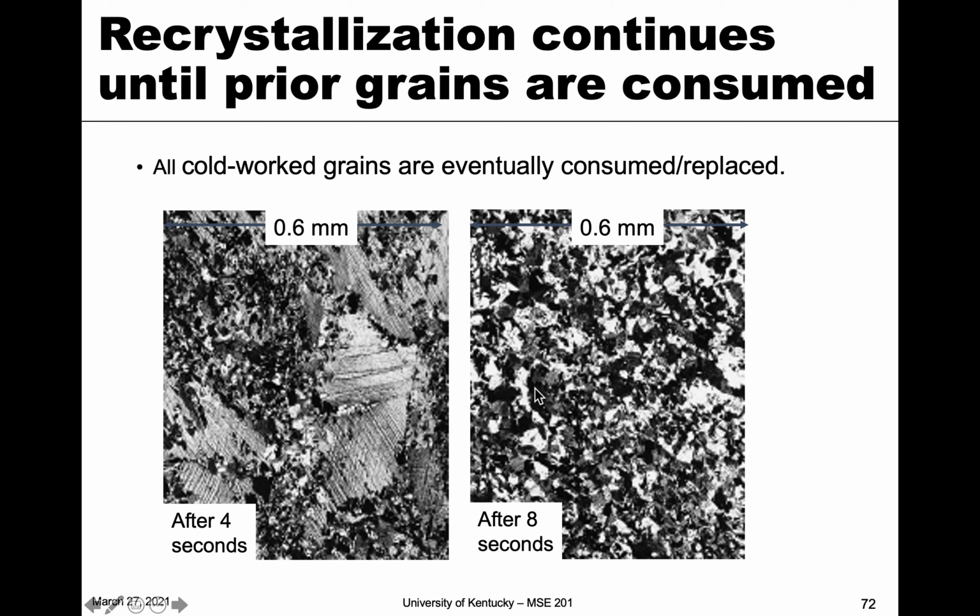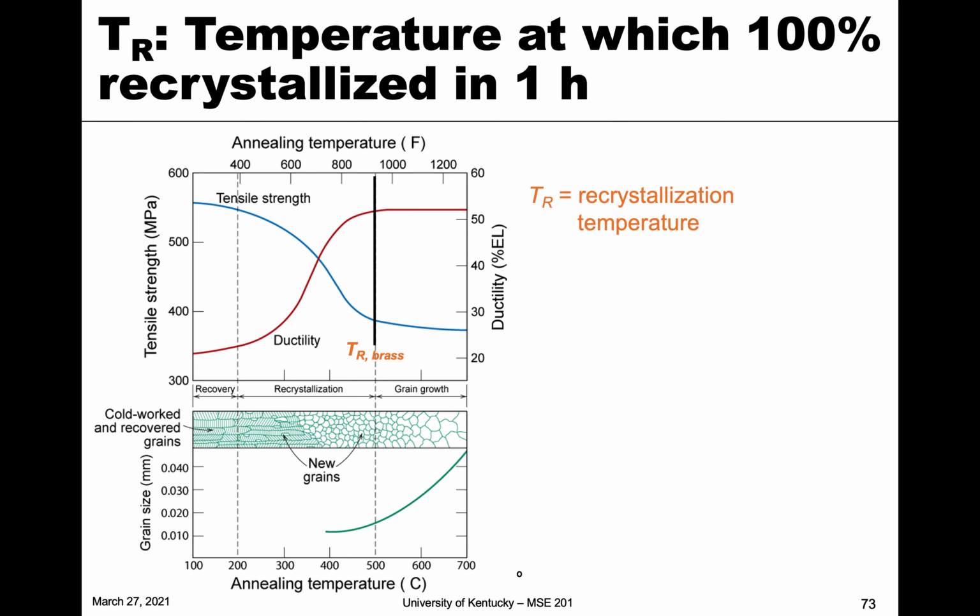Eventually they've consumed everything and you no longer see the original structure that was there before. That's the process, and the driving force here is to remove that strain energy. These new grains, although they're smaller, have very little strain, and the dislocation density is drastically lowered too.